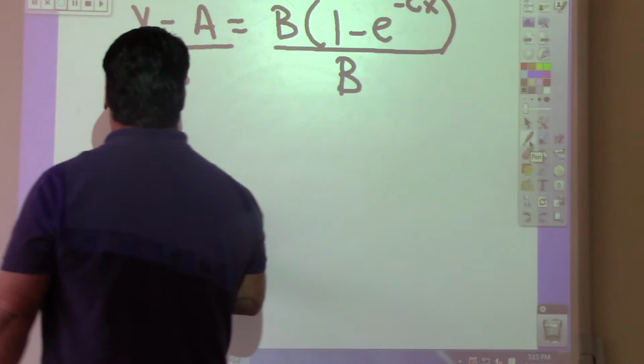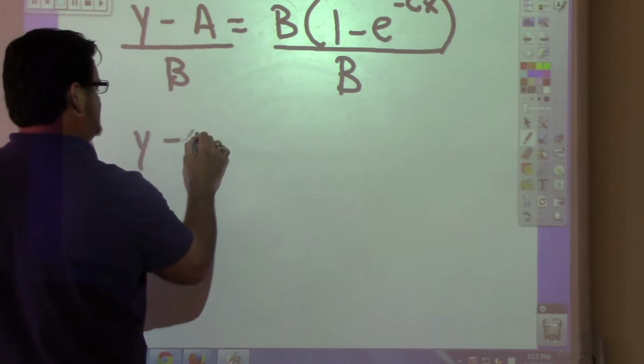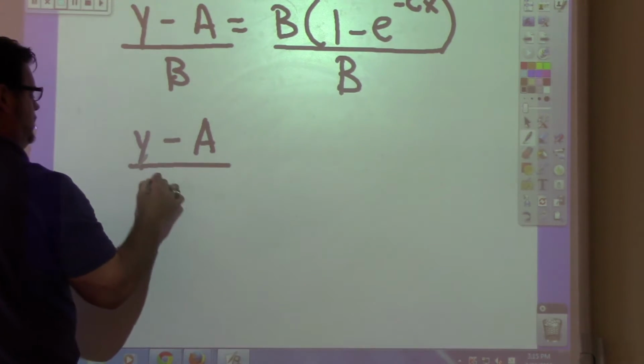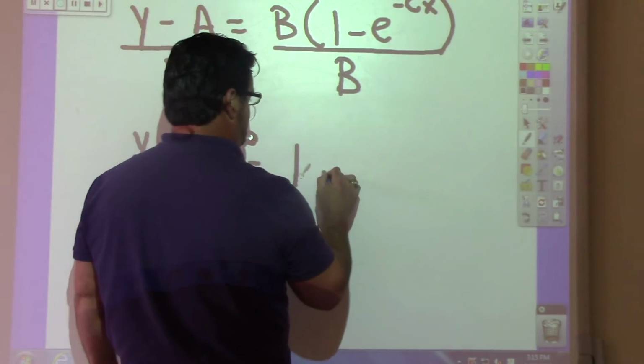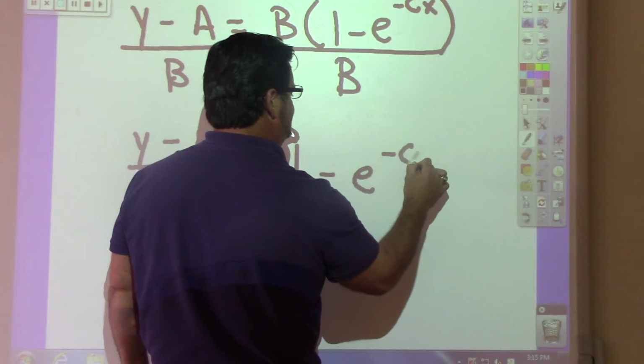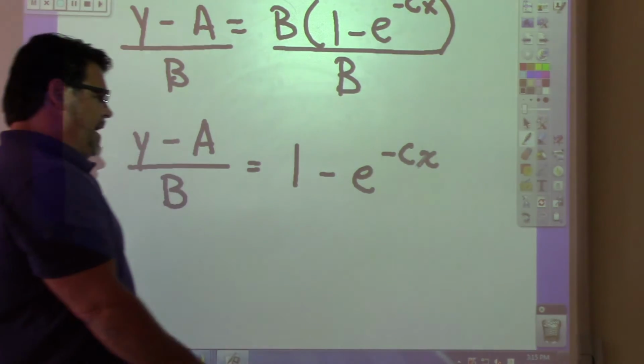That's going to give me y minus capital A over capital B is equal to 1 minus e to the negative C to the x power.